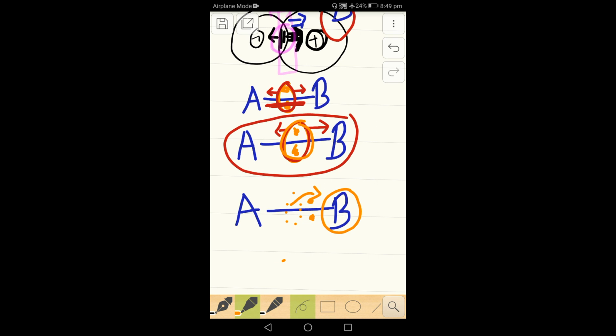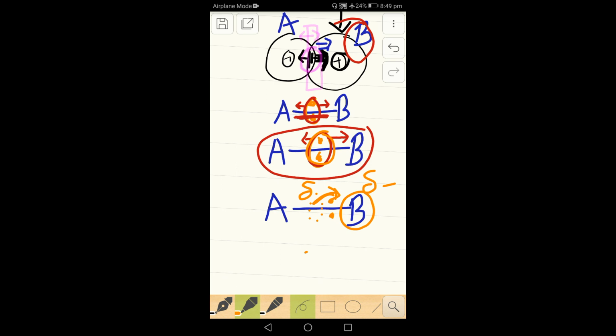In this case the electrons are slightly shifted, slightly shown with this symbol, towards B. So B will now be slightly negative, and since the electrons are shifted slightly away from A, we will call A slightly positive.